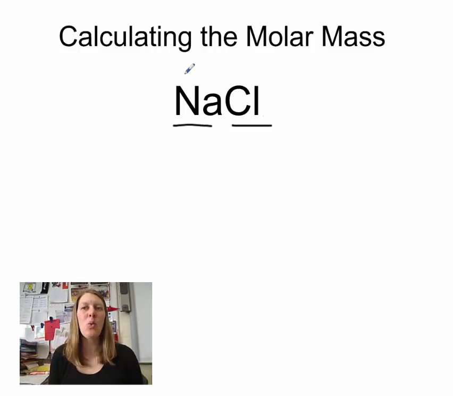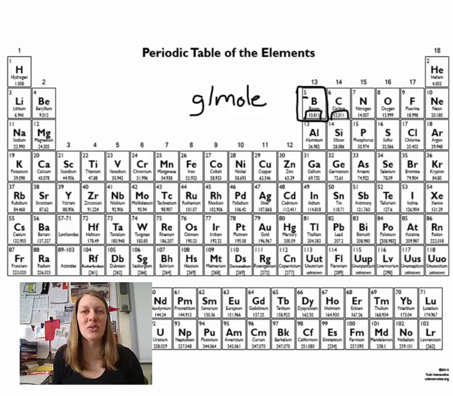So understanding what this compound is, NaCl, we know that we have 1 atom of sodium and we have 1 atom of chlorine. So if I look on the periodic table and find the atomic mass for sodium and chlorine, you can see that we have sodium over here as 22.99 and chlorine over here as 35.45.